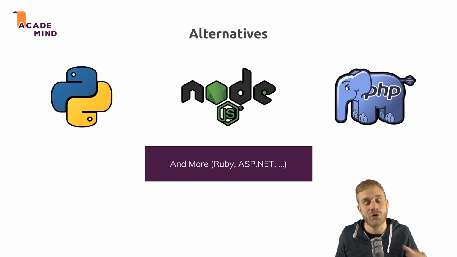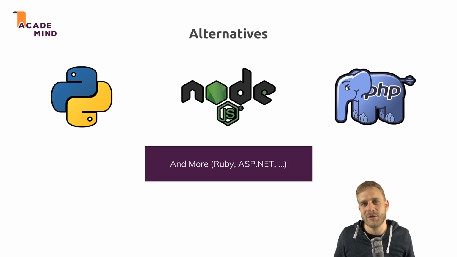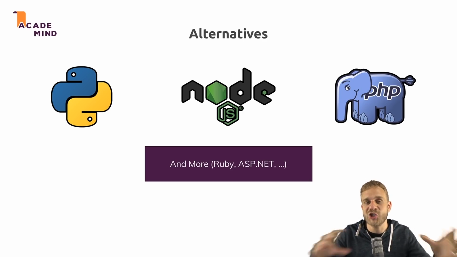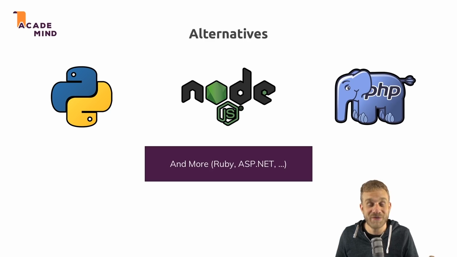The huge advantage, or one huge advantage of Node.js, is that it uses JavaScript, a language which you need so much in modern web development, for all the frontend, for some build tools. And if you then can also use it on the server side, you don't need to learn a bunch of different languages. You can use one and the same language and then use that for your server-side code too. This is why Node.js is a great language to learn. You get so much efficiency out of it.